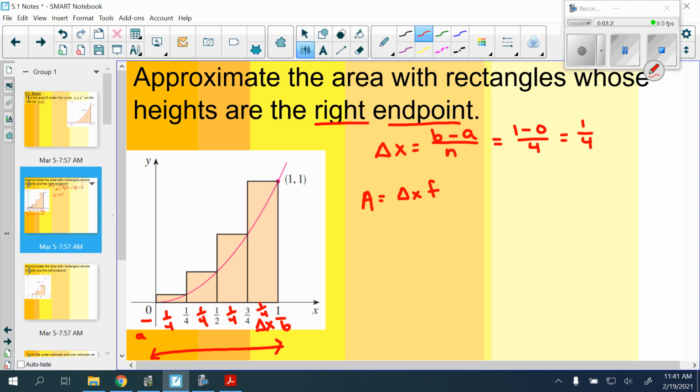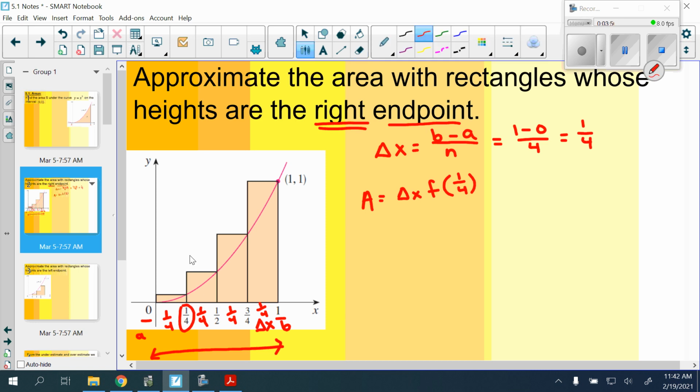Okay, so our first rectangle there, if we're going by 1/4 and we're using the right endpoint, the right side of this rectangle is going to have whatever the height is at 1/4. And so this would be the function value at 1/4, because the function value, if you plug in 1/4 to whatever this function is and move it across, that would be the y value, the height.